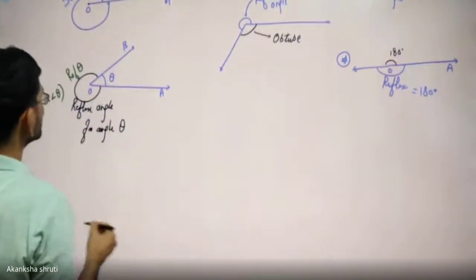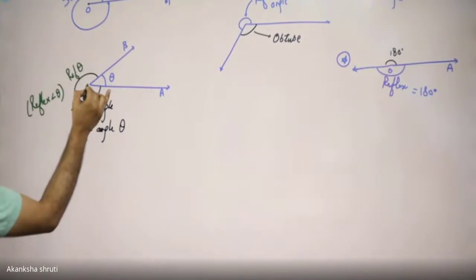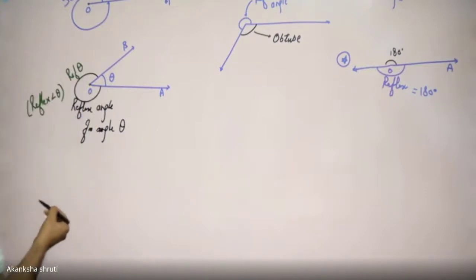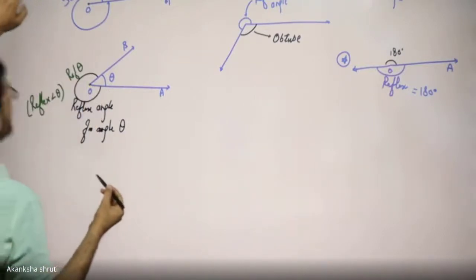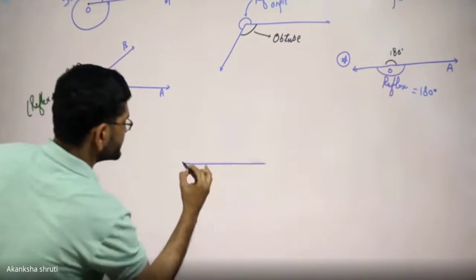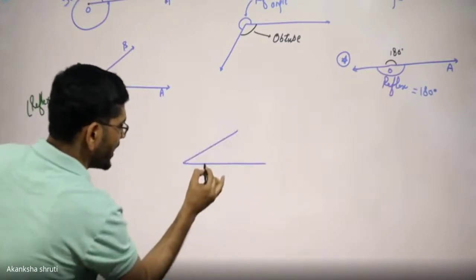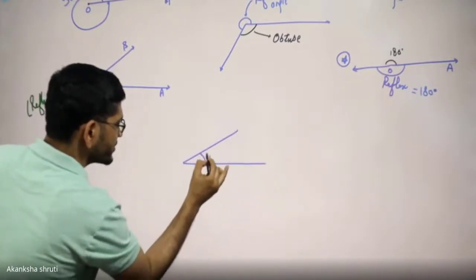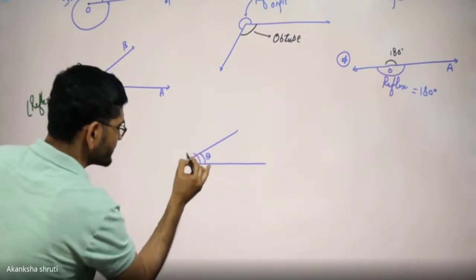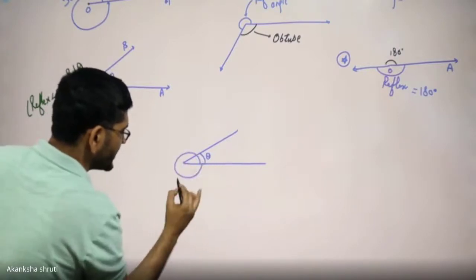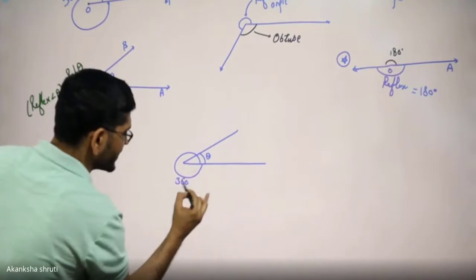If we consider this point, this is our theta, starting from this and coming to this one is our 360 degrees.